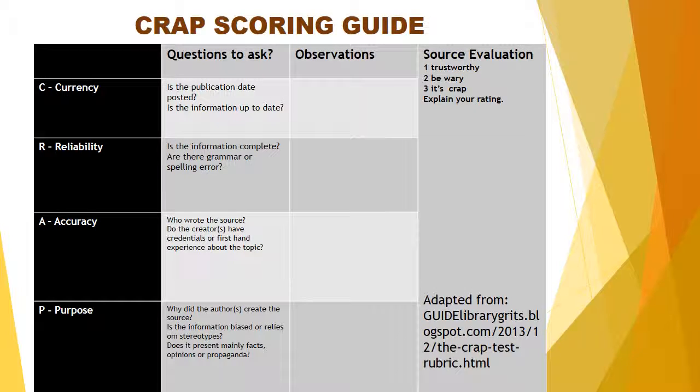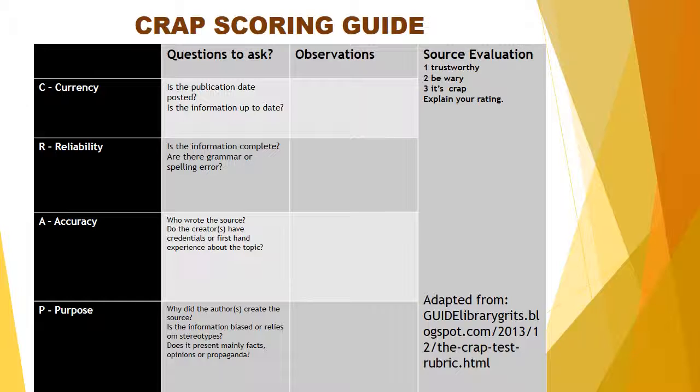What you see here is a CRAP scoring guide. We will use this scoring guide to evaluate the trustworthiness of an information source that I will find using a search engine like most of you will do in preparation for your upcoming immigration policy debate for English class. So this is how you fill it out. You go through each category, CRAP.